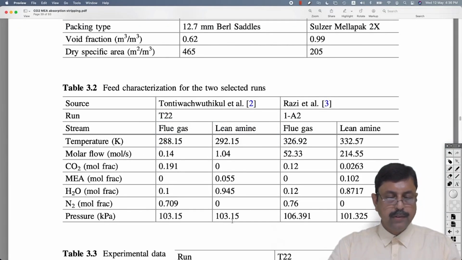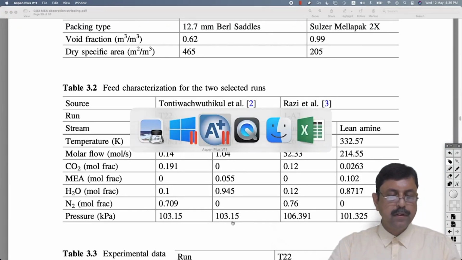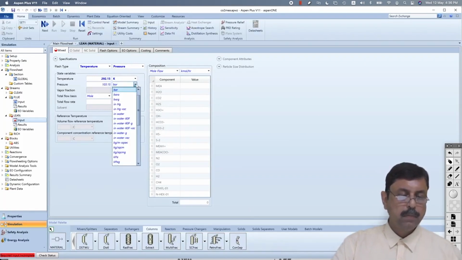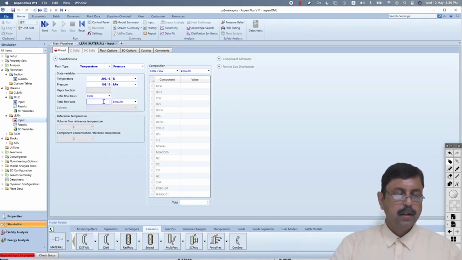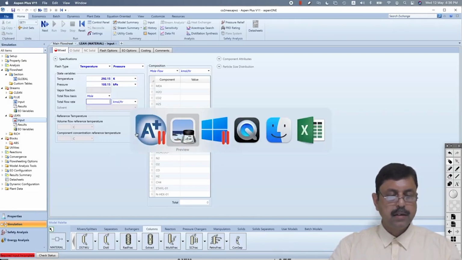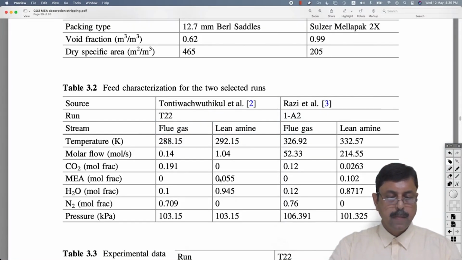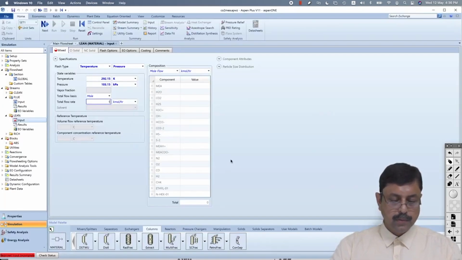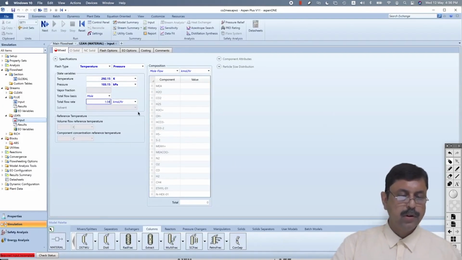Pressure is same, 103.15 kilopascal. And flow rate 1.04 moles per second.